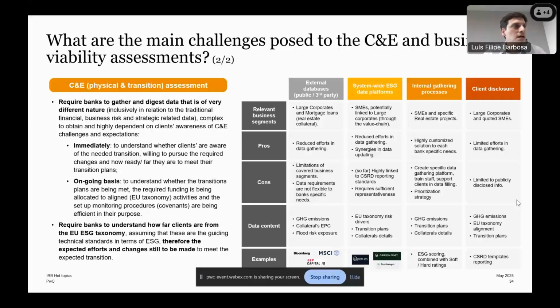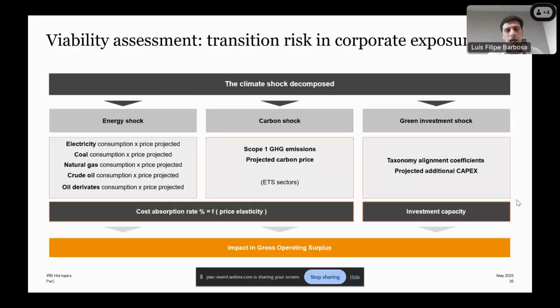those estimates that I've just referred to, about the critical CE risk factors that will impact the future creditworthiness of the clients. And how you can make the connection between this data and the evolution of a client's P&L is basically what we have in this slide.